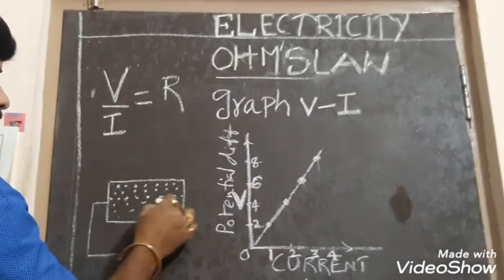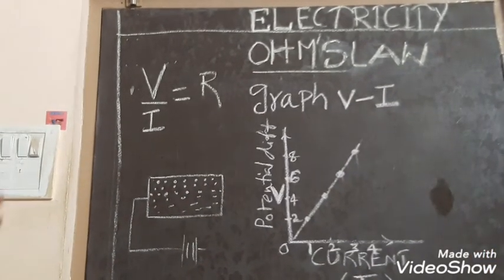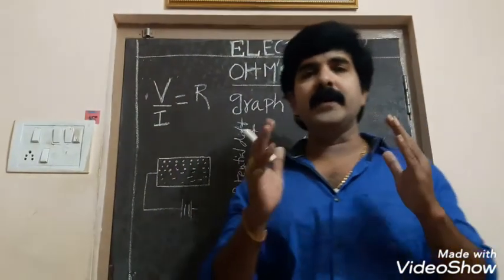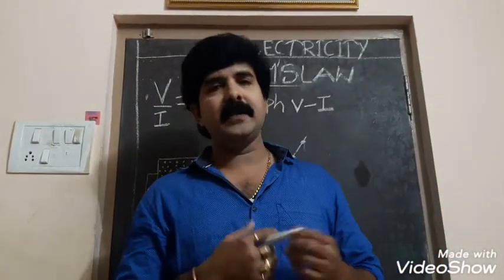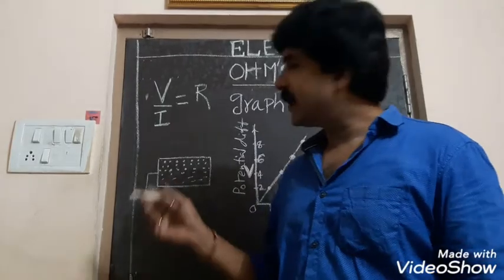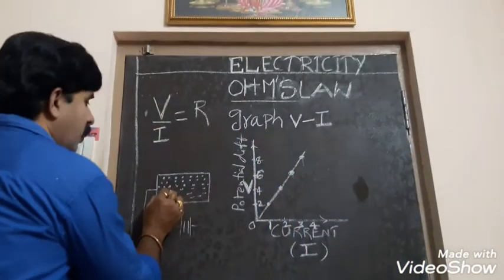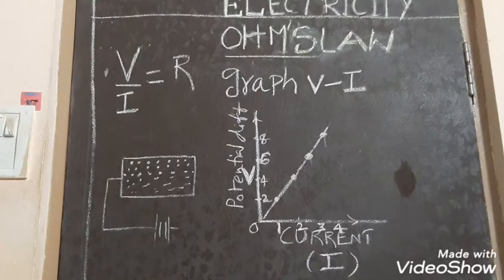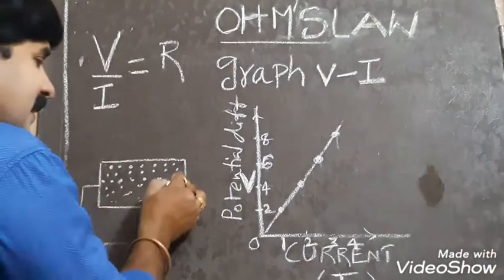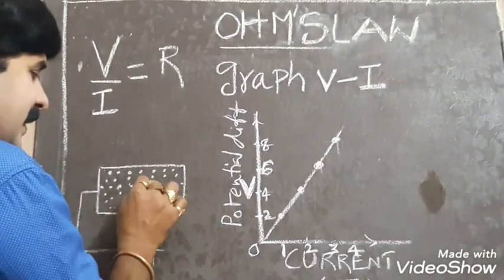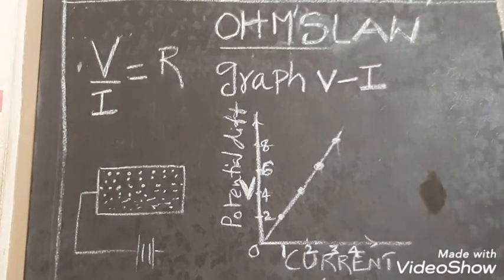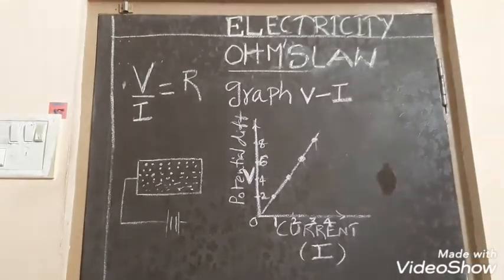It is known to us that every substance is made up of small tiny particles called atoms. In the same way, a conductor also has tiny particles it is made up of. Unless disturbed, all these particles are in a neutral state, as I already told you in previous sessions.